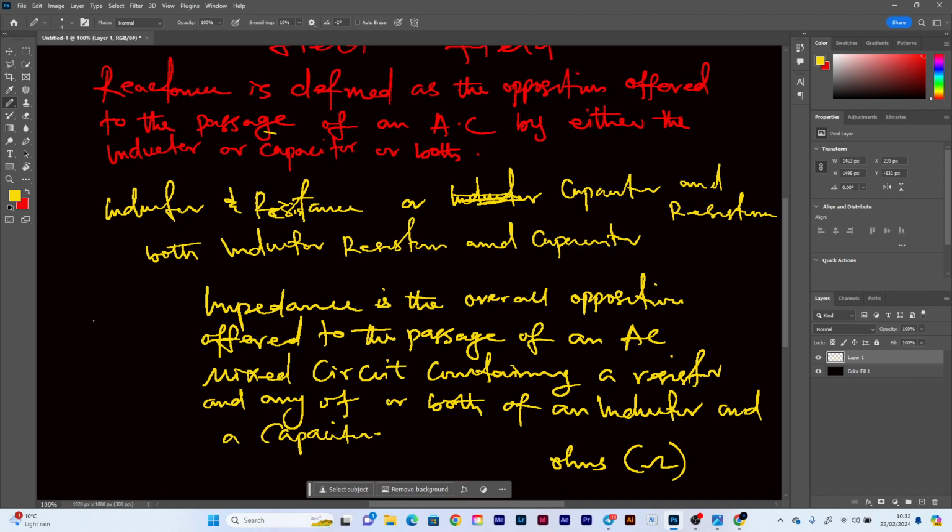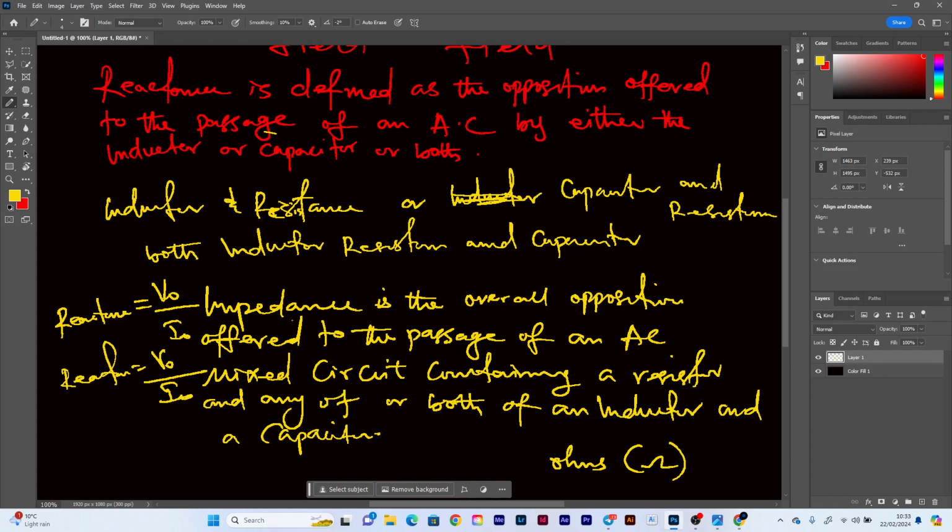Reactance can also be calculated as the peak voltage of an inductor divided by the peak current of an inductor, or the peak voltage of a capacitor divided by the peak current of a capacitor.